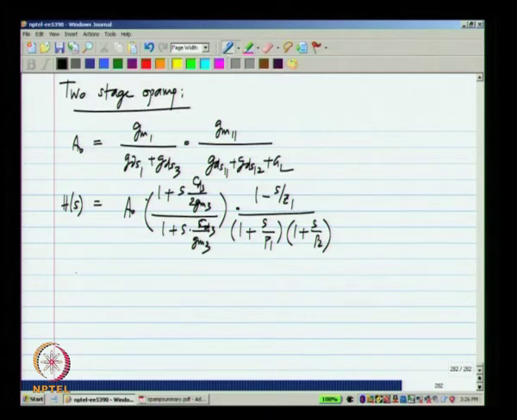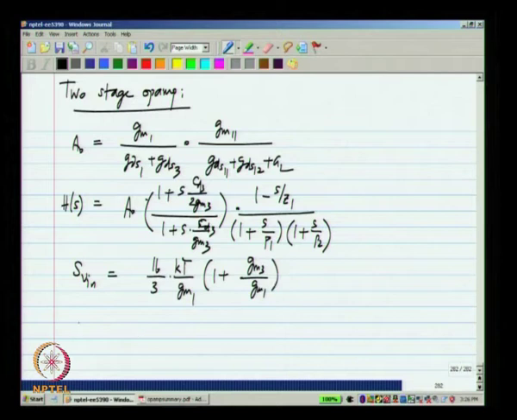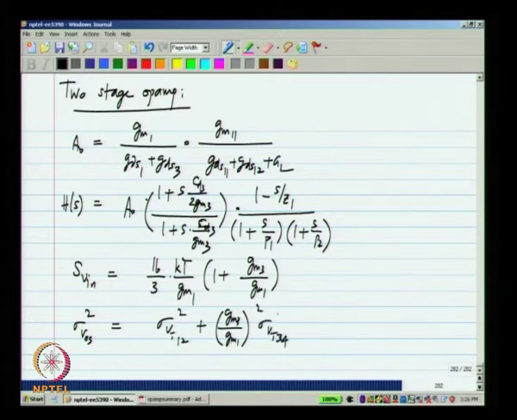And the noise and offset are contributed mainly by the first stage. So, the input referred noise voltage spectral density is that, and the input referred offset voltage is that one.